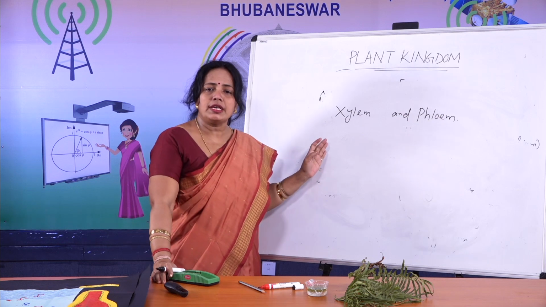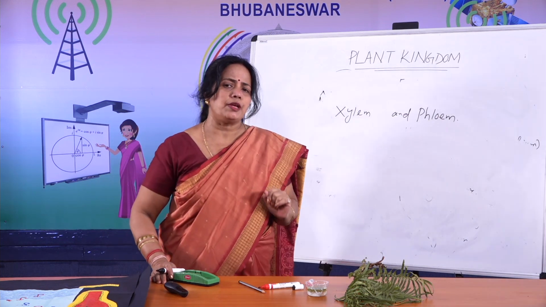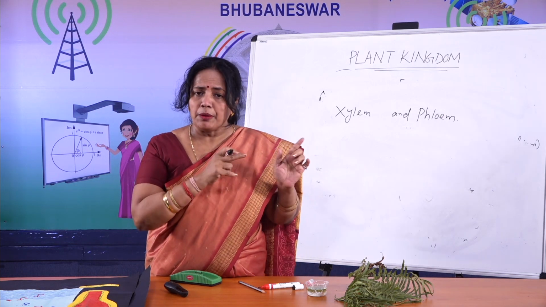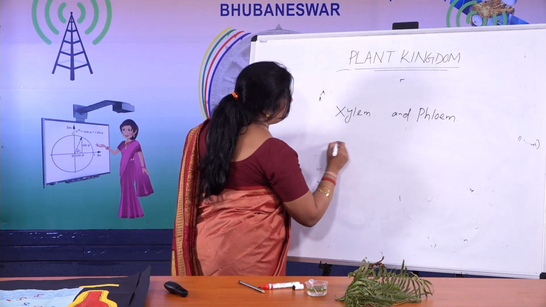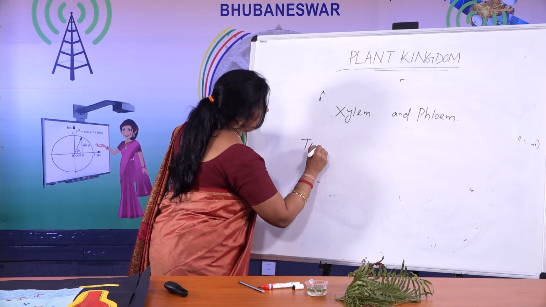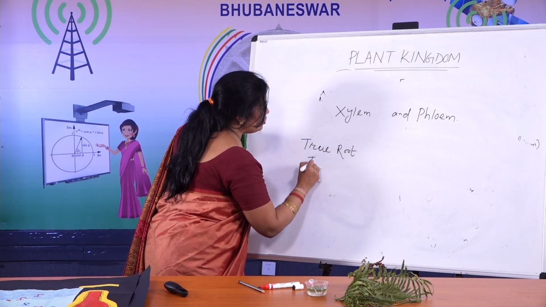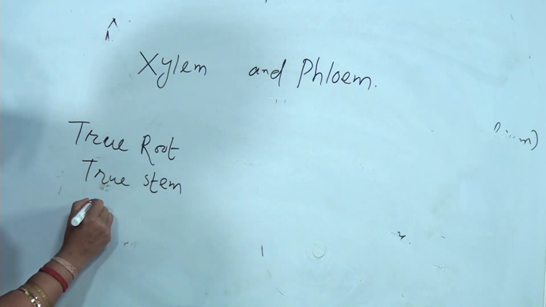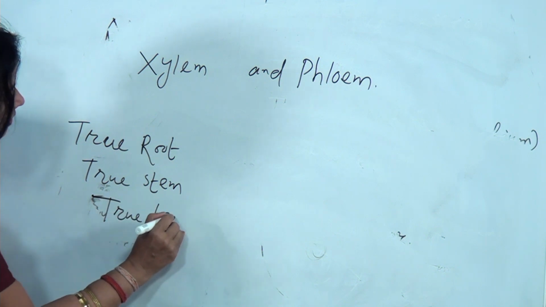So, pteridophytes are the first land plants to have the vascular tissues, and another very important feature is they have the plant body well differentiated into what? True root, true stem, and true leaves.